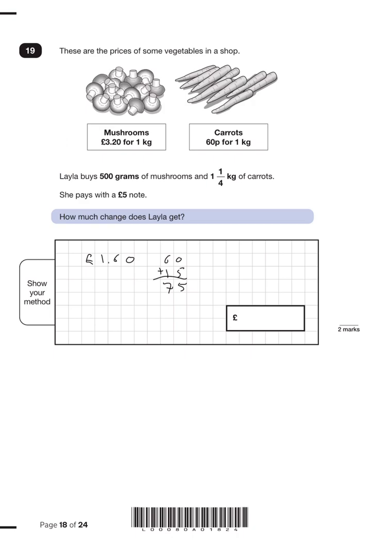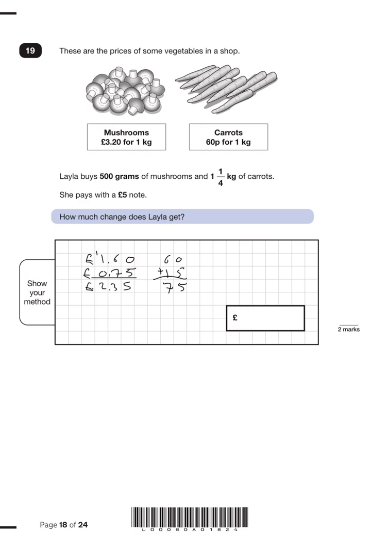So carrots, 75 pence. Mushrooms, £1.60. 75 pence in pounds, 0.75 we can write. So in total, she pays 5, 6 plus 7, 13, 1 and 1, 2. In total, she pays £2.35.